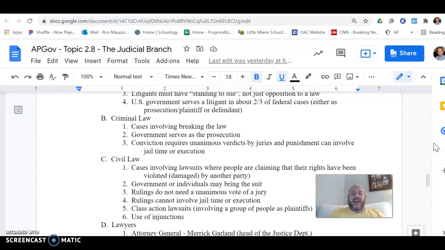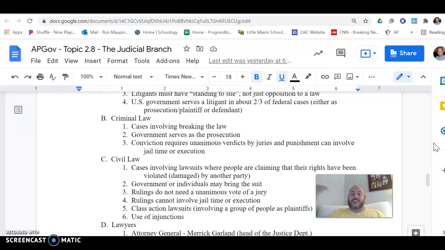Also note that courts enjoy what are called injunction powers in civil cases. For example, if a government, let's say a legislature, has passed a law that might be deemed a violation of a certain group's rights, somebody could file a lawsuit against that state government, and a court could rule to file an injunction against that law.